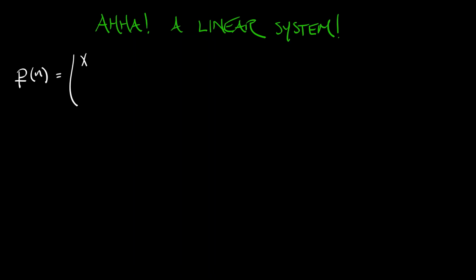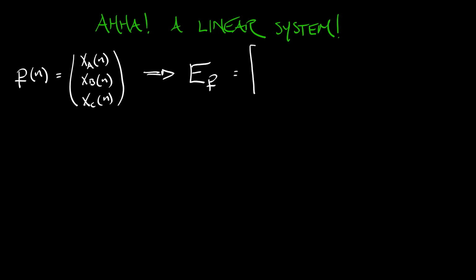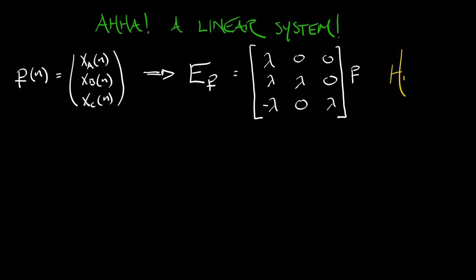And what kind of system is it? Well, it's a linear system. This is great. I'm going to stack into a population vector p at time n these three subpopulation sizes, XA, XB, XC, and then my system is p at n plus 1 equals some matrix, lambda 0 0, lambda lambda 0, minus lambda 0 lambda, times p.